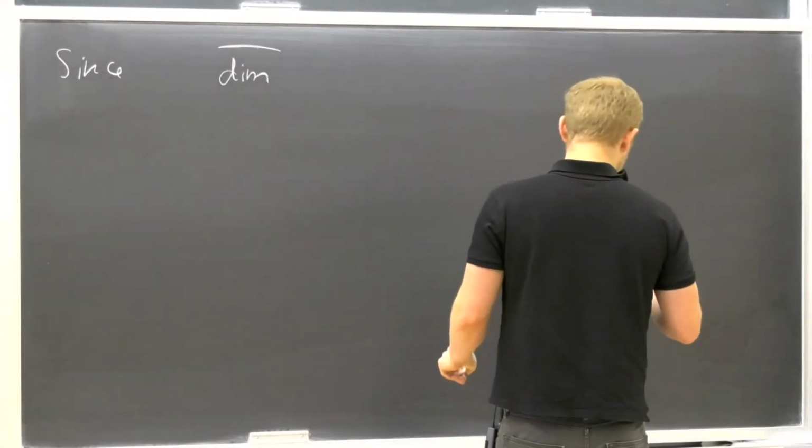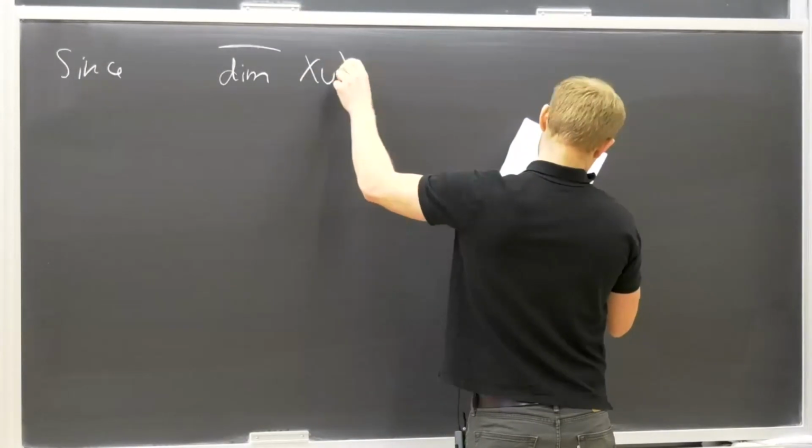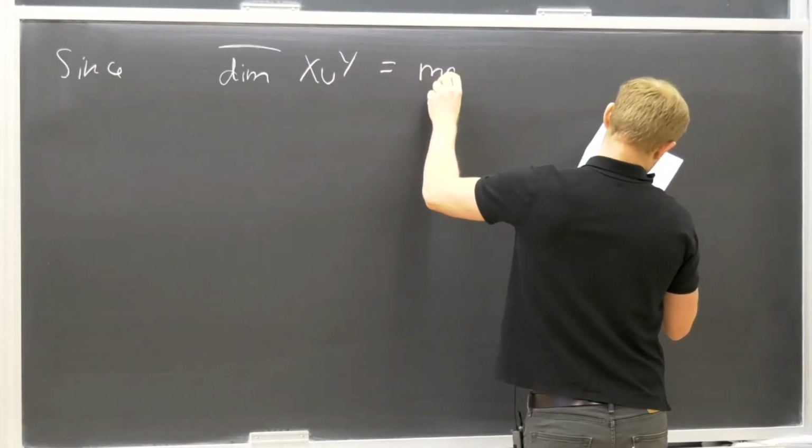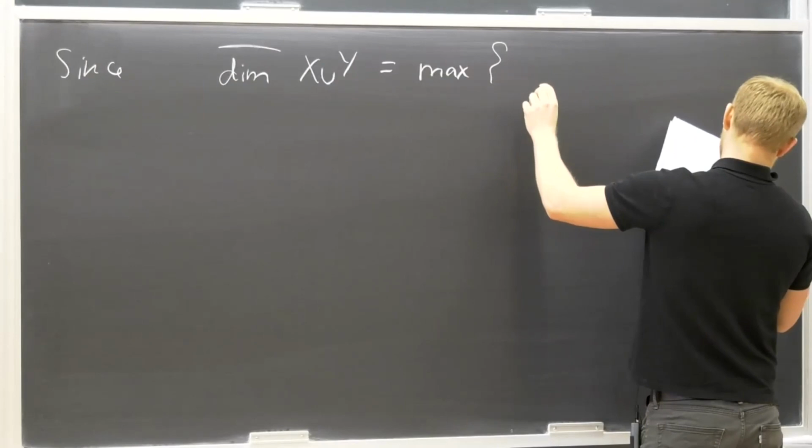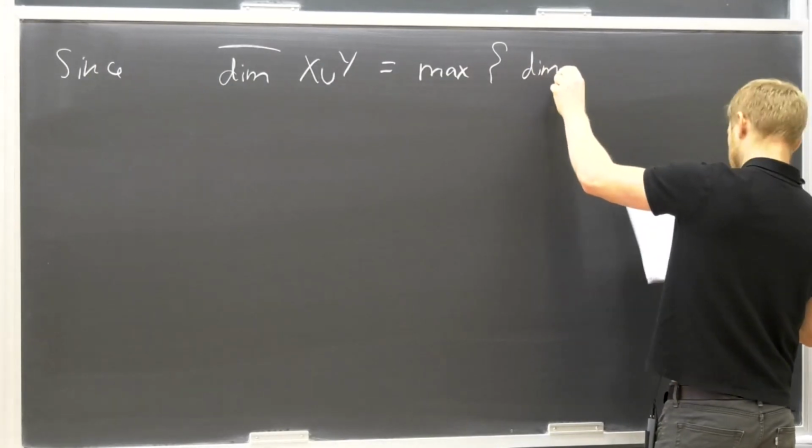We know that the union, it's one of the properties of many of these notions of dimensions, this should be M's here of course, that the dimension of the union of two sets is the maximum of the dimensions of the two.